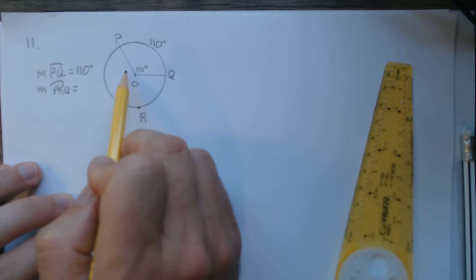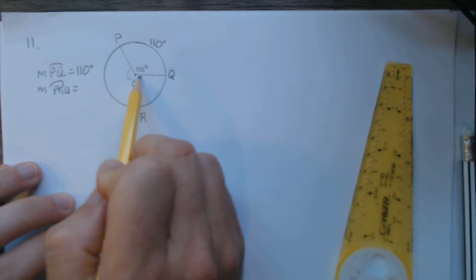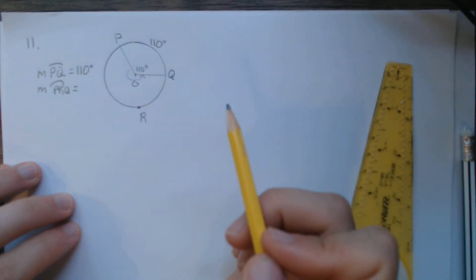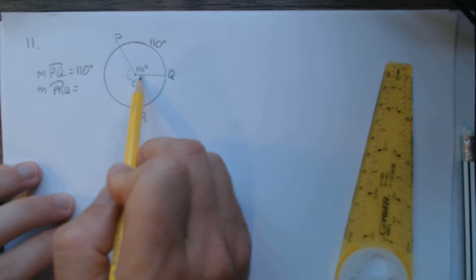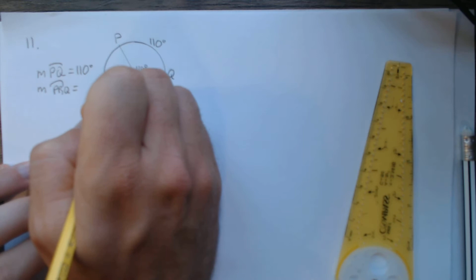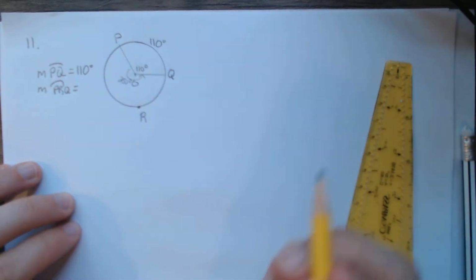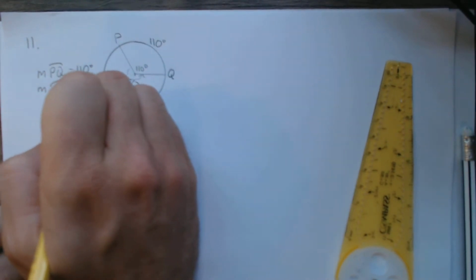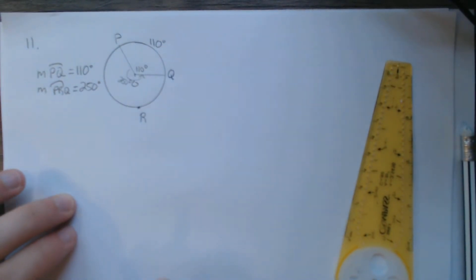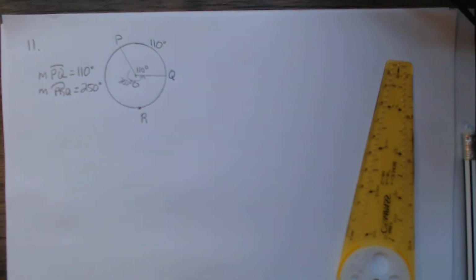If the whole thing is 360, then this would be 360 minus 110, which would be 250 degrees. So this whole major arc is 250 degrees, and that's number 11.